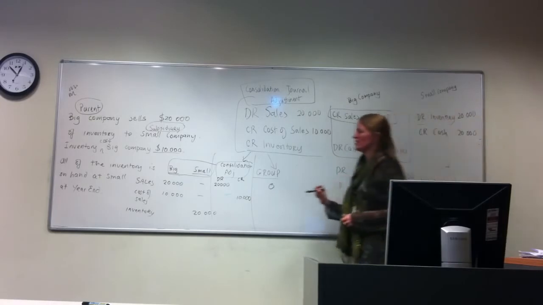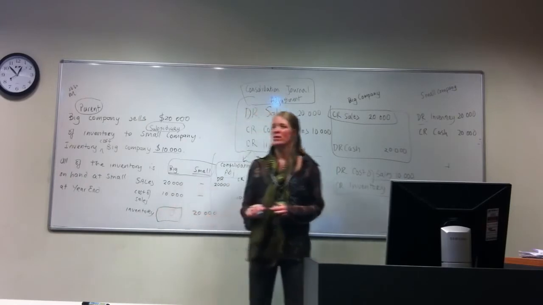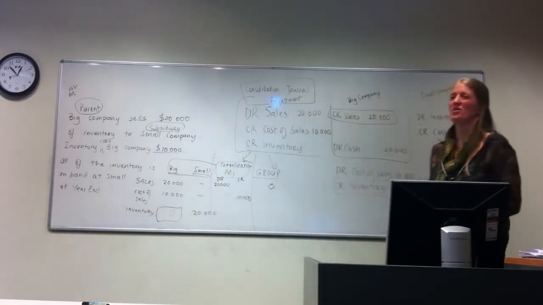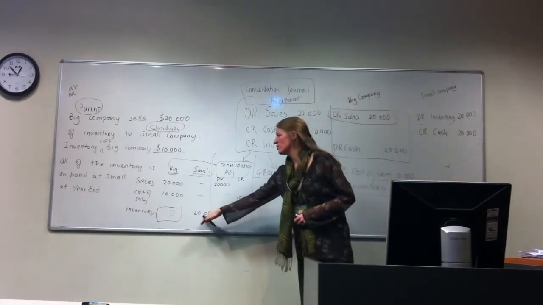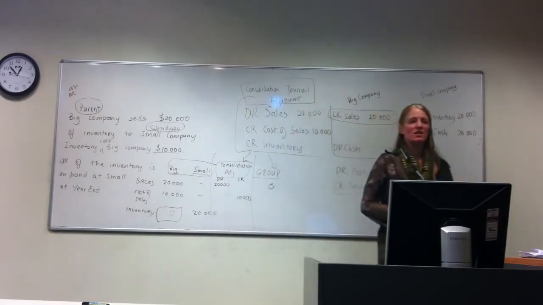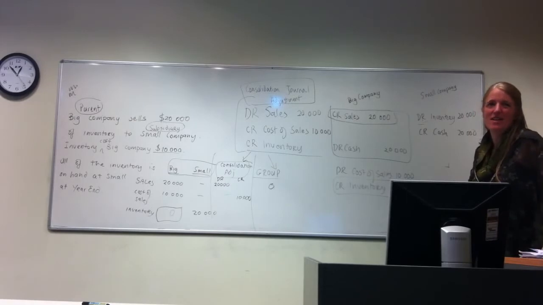So the final balance in inventory is going to be 0, assuming that that was the only stock that they had. We've got in the books of small inventory valued at 20,000. What should the inventory for the group be valued at? 20,000? 10,000. Okay, why 10,000?